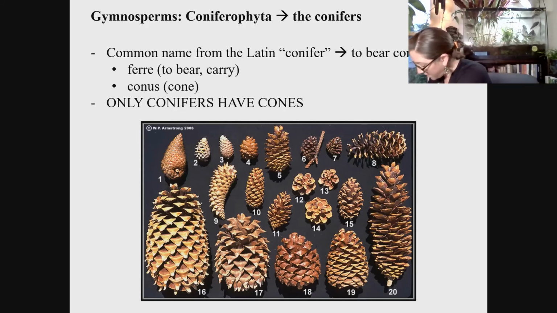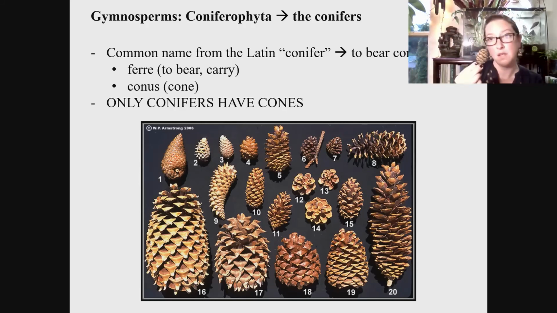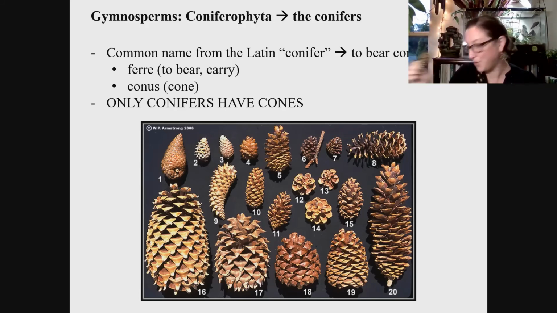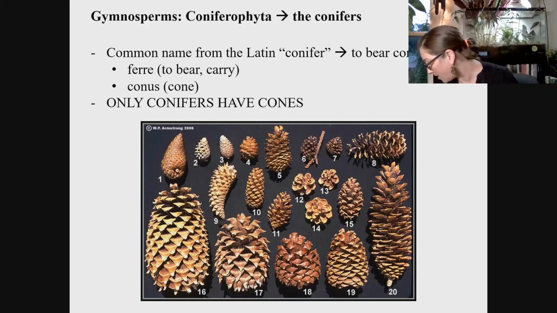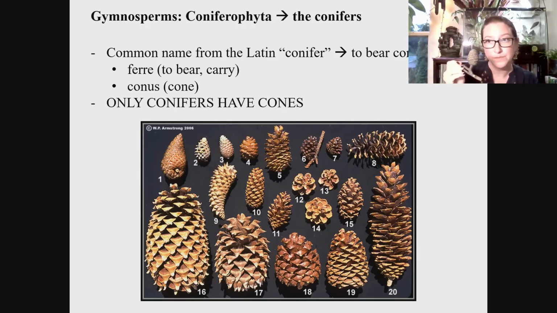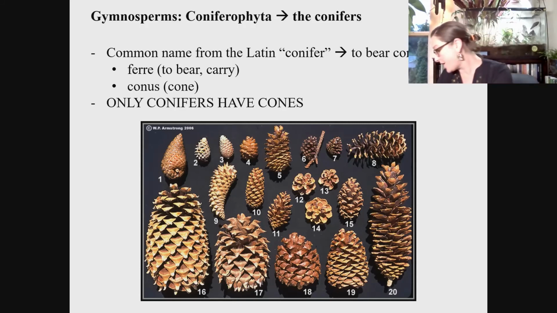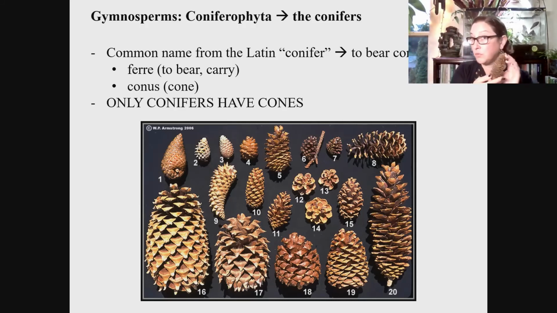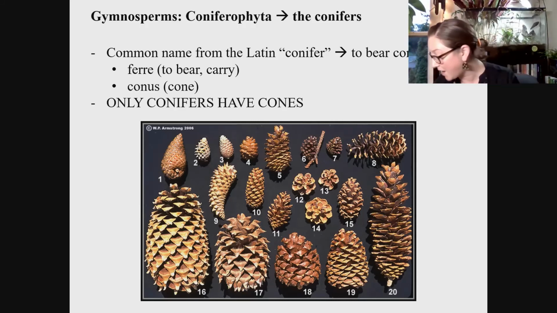Let's see what else I got here. These are actually from sequoia trees. So sequoias are huge, but their cones are not all that big. Still cool looking though. Slightly bigger here, this is from an Atlas cedar. And then this is from a spruce. Ooh, slightly bigger yet.